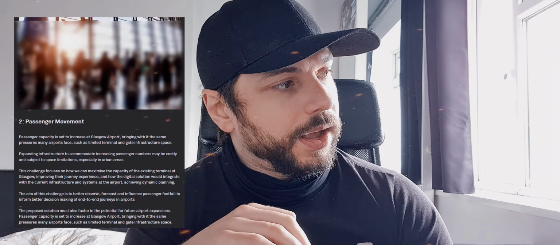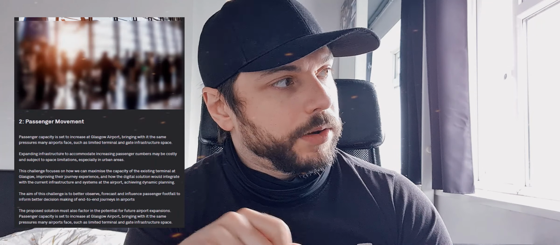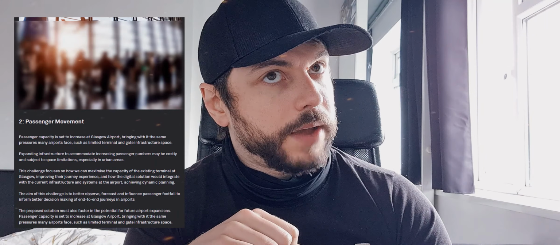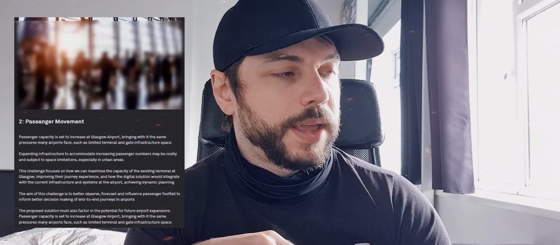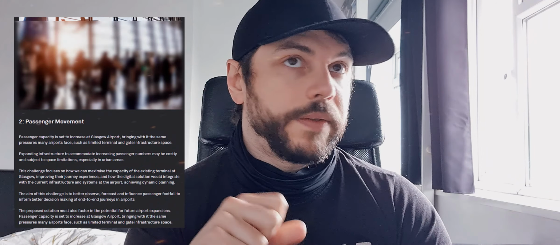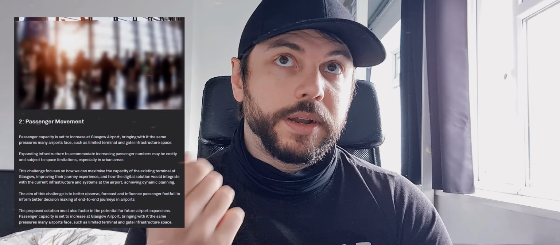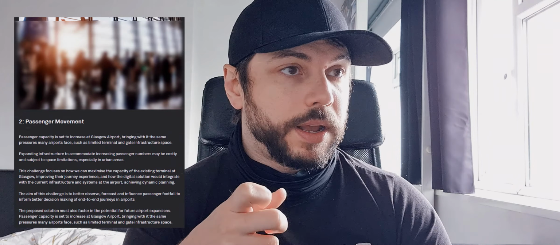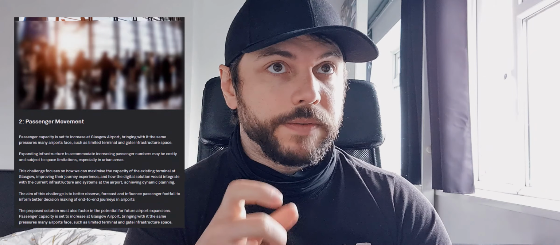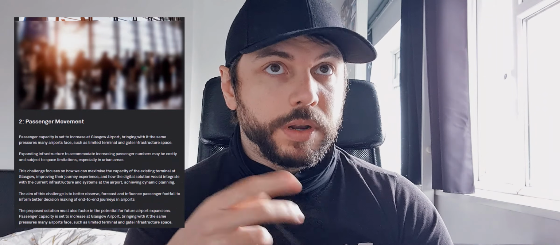Next one, that would be passenger movement and perhaps optimizing some of the movement of passengers. I think I have seen some of the new airports, right? So that perhaps would give some ideas for some people, where they organize those airports completely differently compared to the traditional way airports are optimized as of now when it comes to onboarding people.